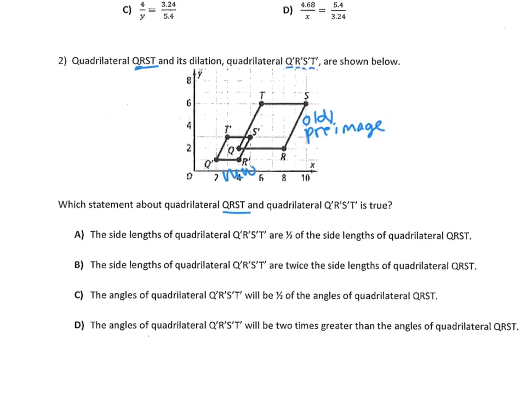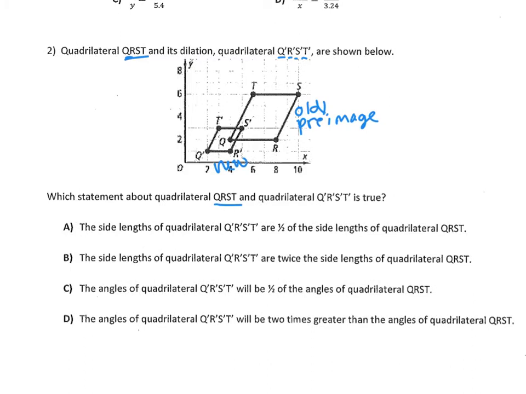So kind of like what we did on that dilations work page, we can pick 1 point from each of those. So say we can choose R. So what's your old R? What's the old point for R? 8, 2. So then find R prime.